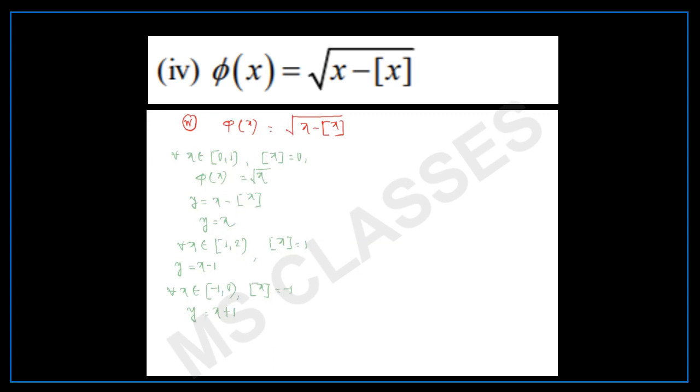So if we represent this graphically, this is the graphical representation of only x minus box x. This is y, this is y prime, this is x, this is x prime.